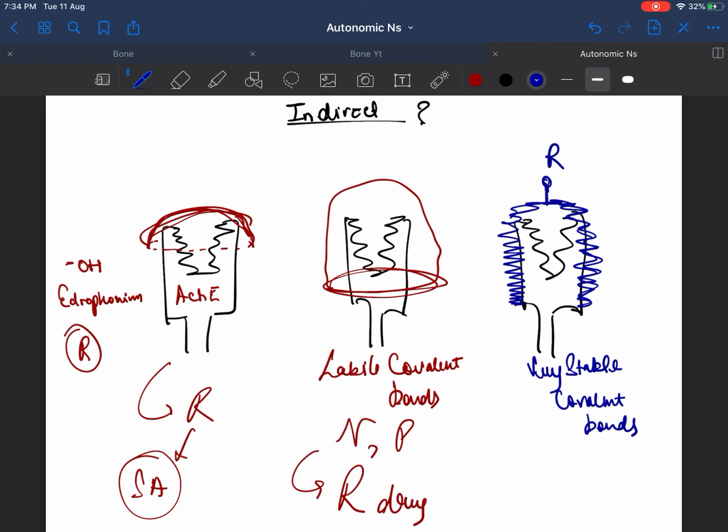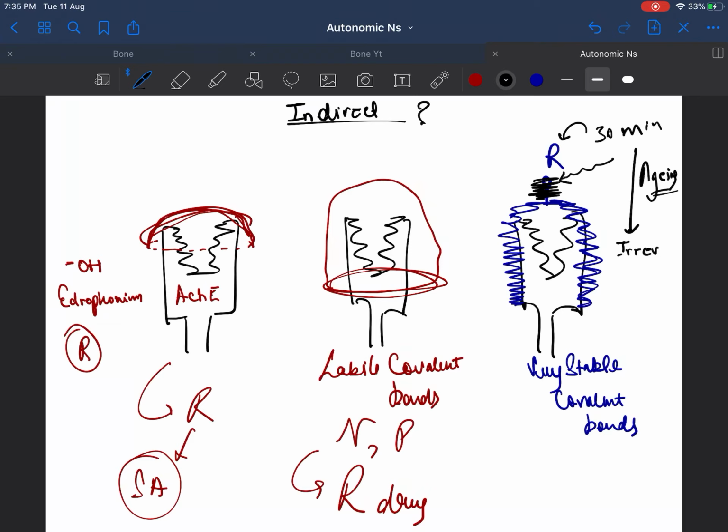The problem with this is that for the first 30 minutes this alkyl group is very much present on top of this. So if something comes and attaches to this alkyl group, the whole lid can be removed from it. But after 30 minutes, this alkyl group vanishes. So it permanently binds to the enzyme and leads to irreversible binding, and this process is known as aging.